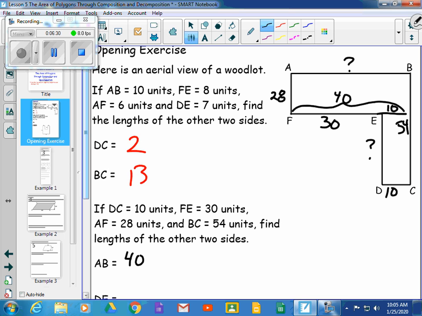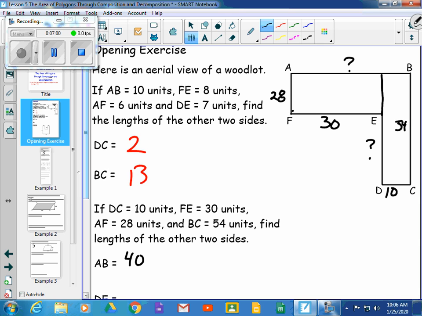Now to find DE, BC was 54. I'm going to imagine a line right here this time. Create two rectangles. BC is 54.